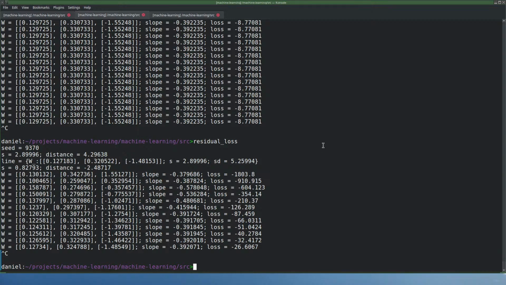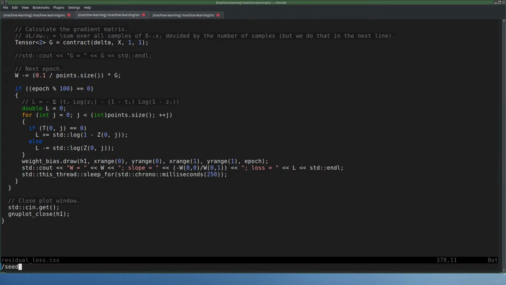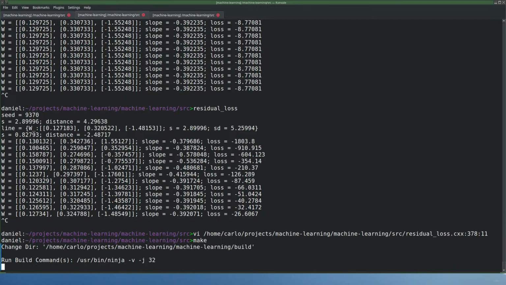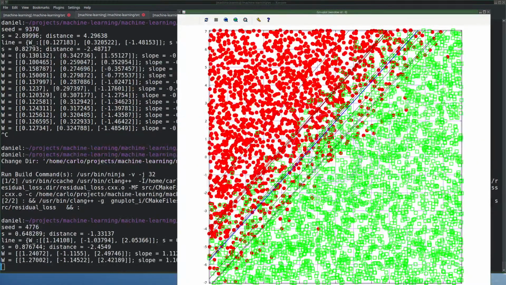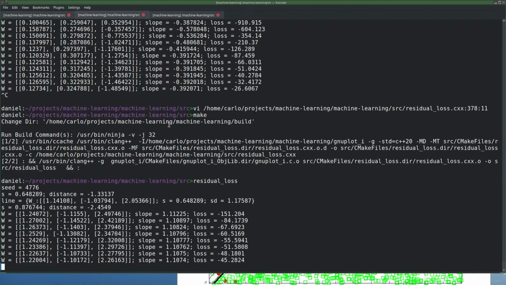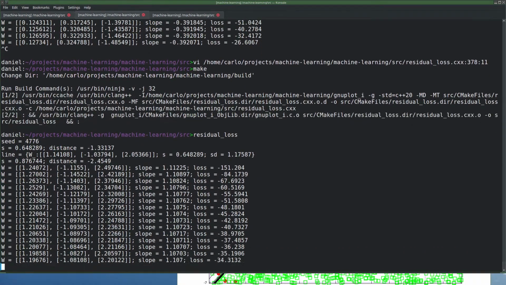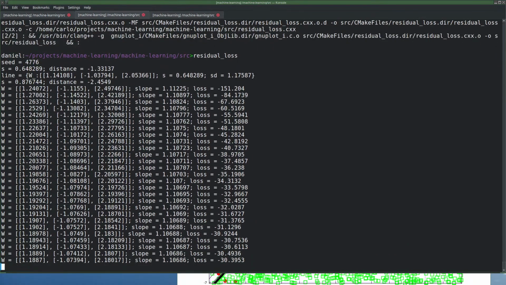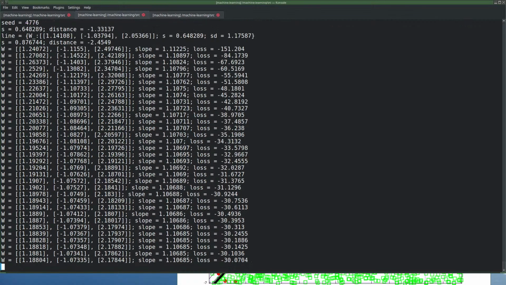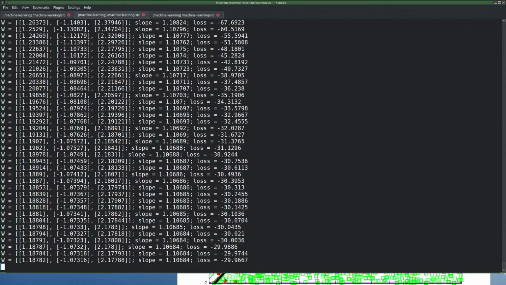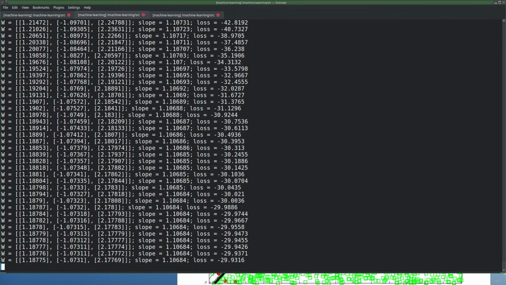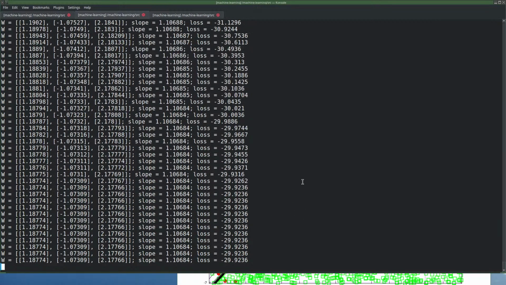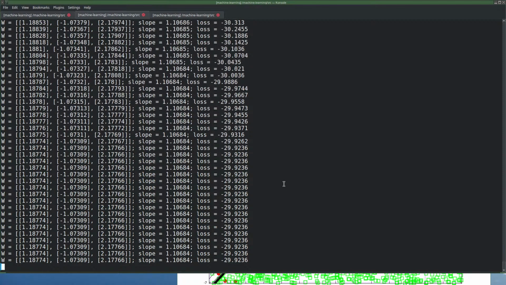To change the seeds. Quite happy with it, I have to say, except that that's negative.